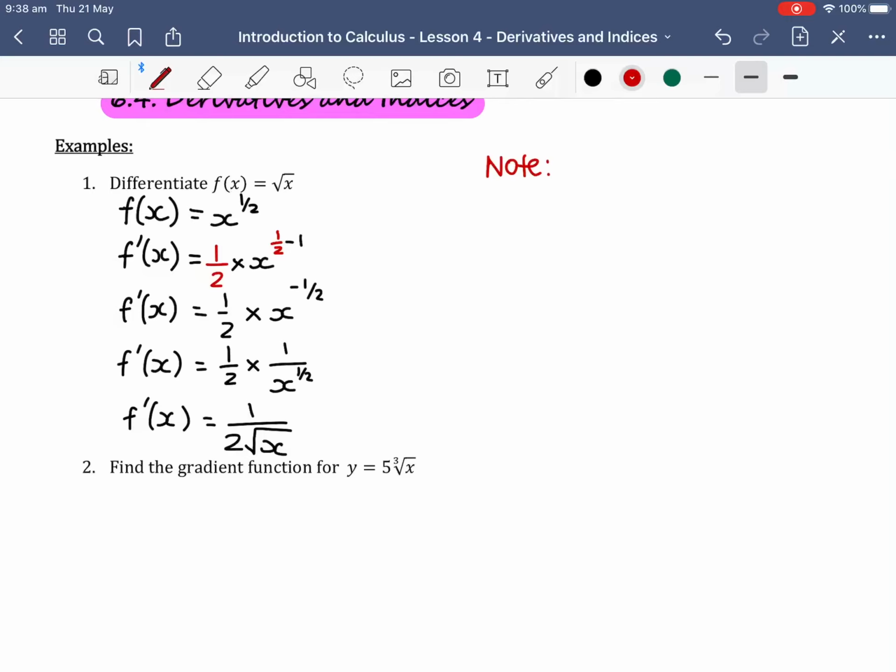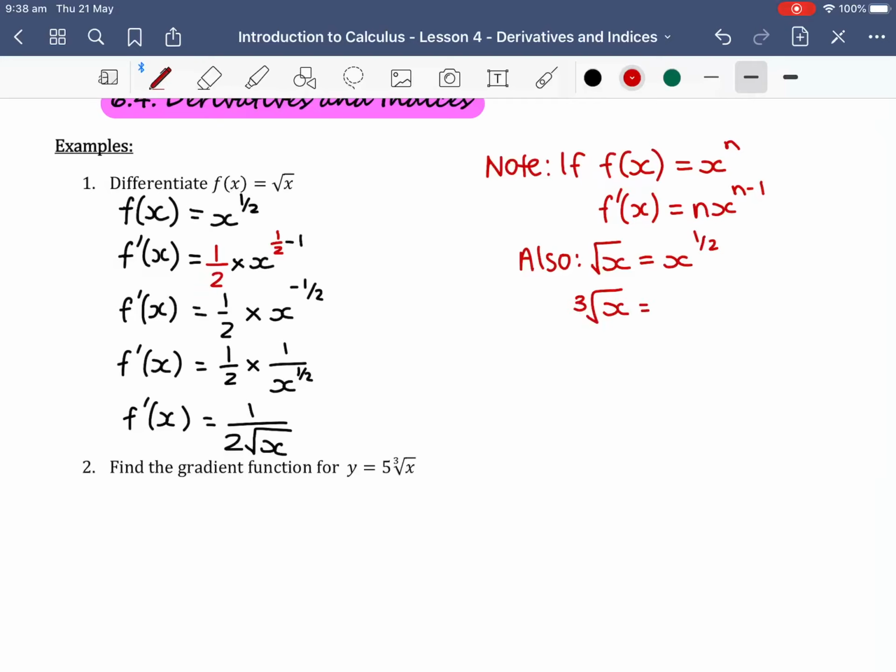Just to note what we used: if f of x equals x to the power of n, then f dash x equals n x to the power of n minus 1. Also, the square root of x is equal to x to the power of a half.